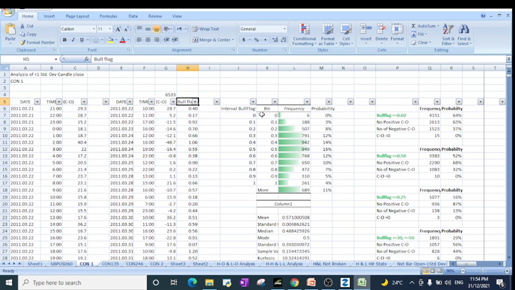You can see these are the retracement levels. Zero, less than zero, 0 to 10, 10 to 20, 20 to 30, 30 to 40, 40 to 50, 50 to 60, and so on. You can see that most of the retracements are between 40 and 50% retracement level.